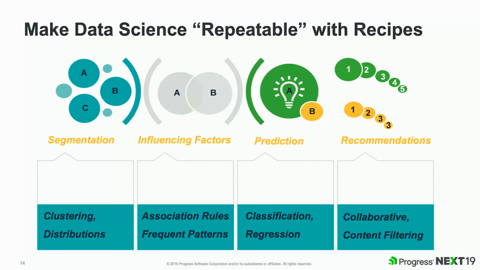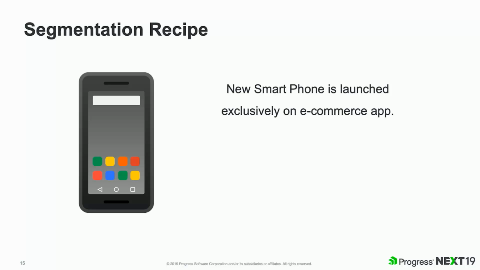So some of them are like segmentation recipes, which do clustering, distributions, influencing factor recipes. So prediction. So for prediction, we have classification, decision trees, random forests. So this might seem a little daunting, but now I'll explain each of these recipes in a way that is very simple. A segmentation recipe is essentially explained here.